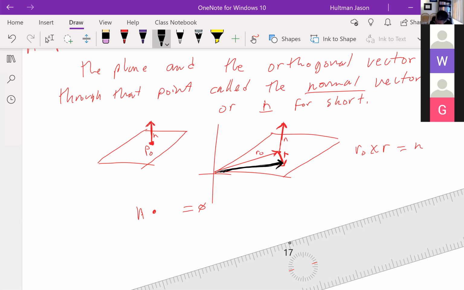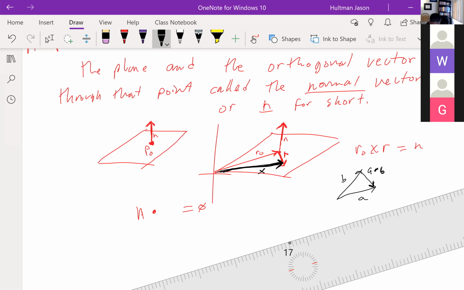If we did this guy, and then we did this guy here, so we said A, B, and then what's the vector between them? That would be A minus B. So I'm going to call this guy X.